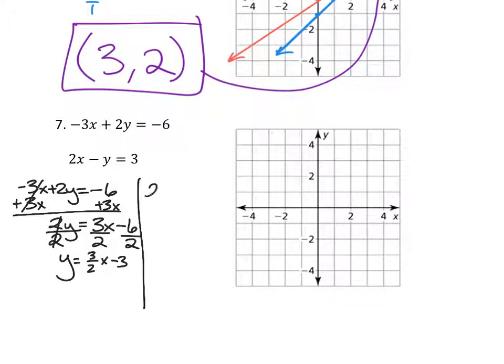The second one is 2x minus y equal to 3. What do I move first? The x term, by doing what? How do I move that x term?